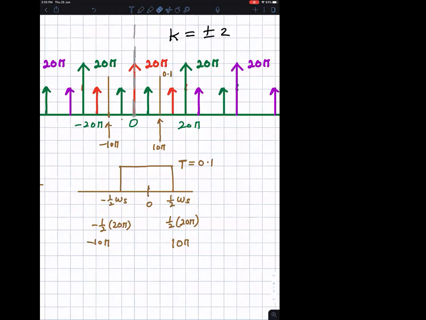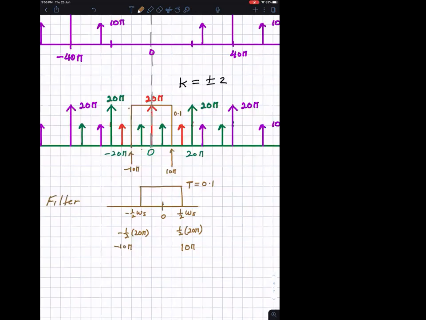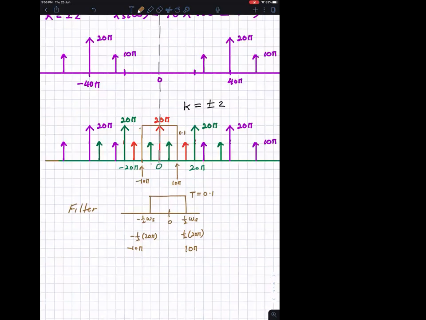Maybe I should put this 20 pi, just to show you that it's filtering everything in this bandwidth, plus minus 10 pi. So this is the filter.